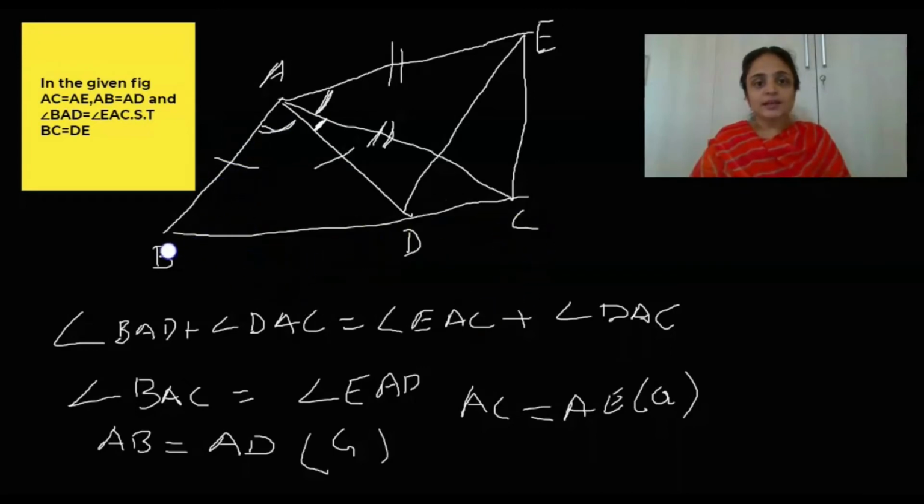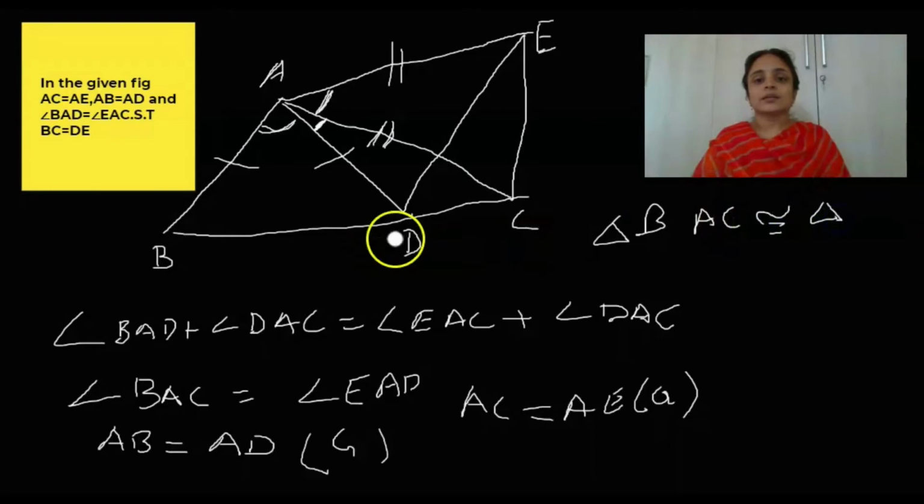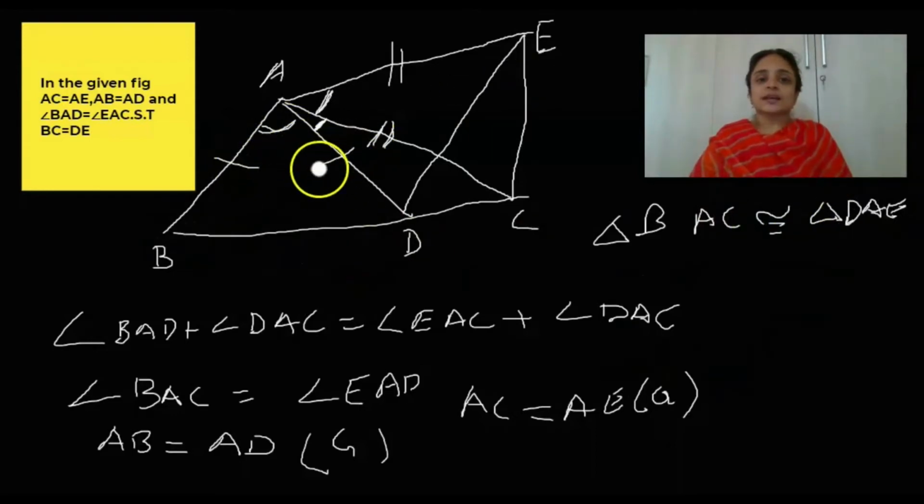That is triangle BAC and triangle EAD are congruent. Triangle BAC is congruent to triangle DAE. Okay, because these two sides are equal, so we have to take the corresponding sides, which means BAC and DAE.